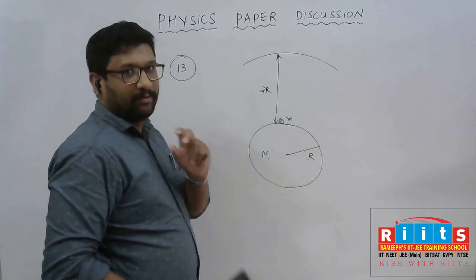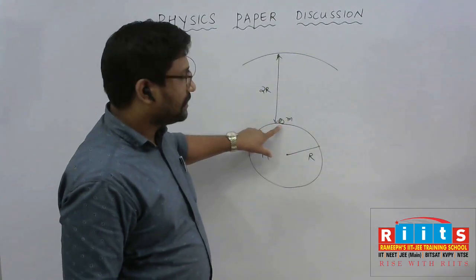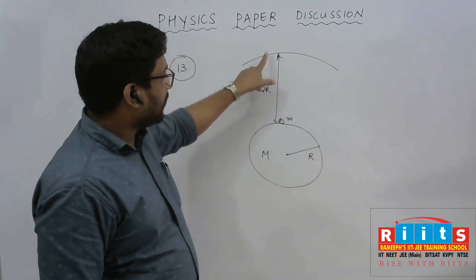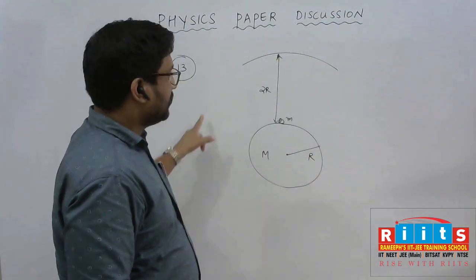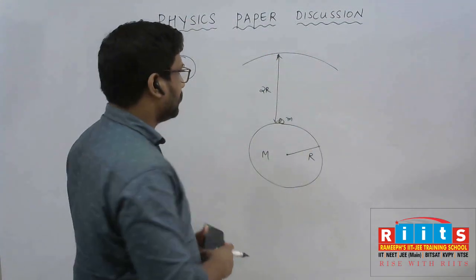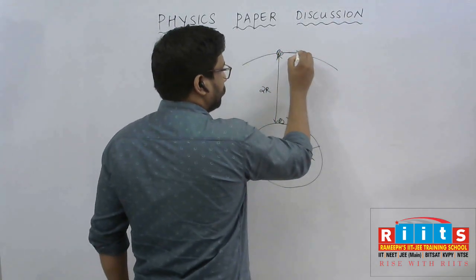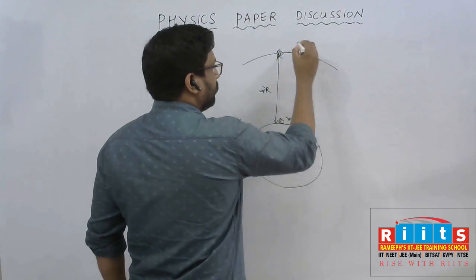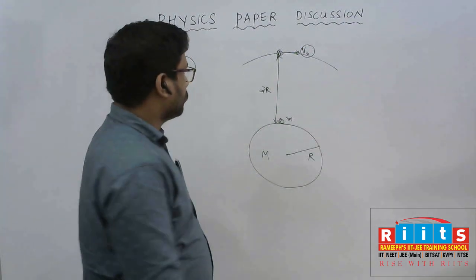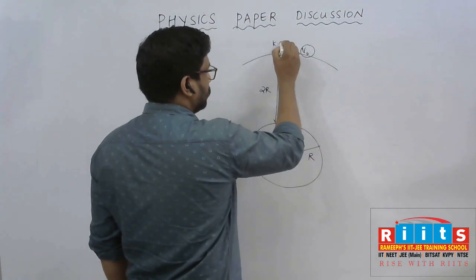The point you have to remember, when you are launching a satellite, the satellite must orbit. It starts orbiting. That means it has certain kinetic energy. It is moving with certain orbital velocity. Because of that, it will have certain kinetic energy.